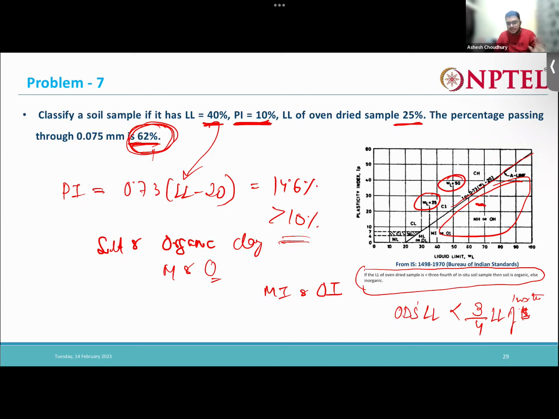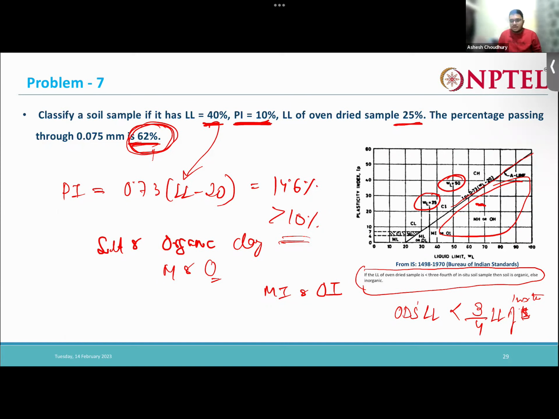This way you get one liquid limit. Another option is that you dry it in the oven at 90 to 100 degrees Celsius for 2 to 3 days, and then you conduct the liquid limit test on it. That is the liquid limit of oven-dried soil.